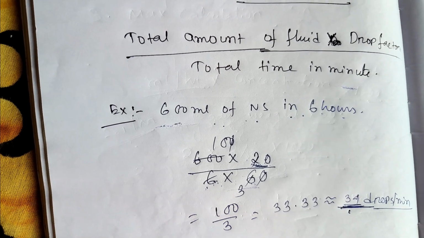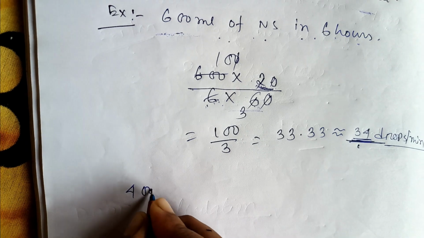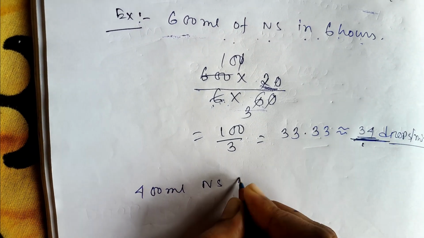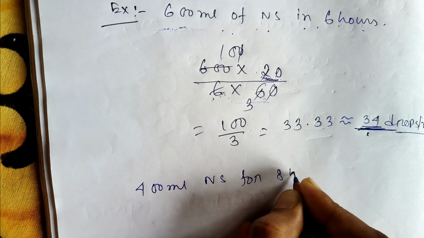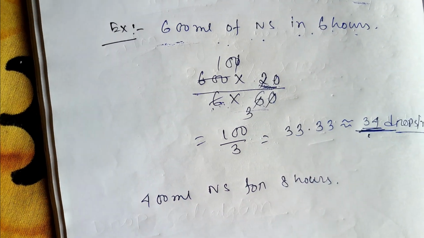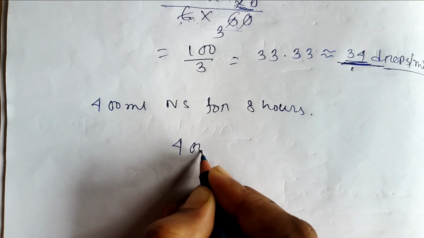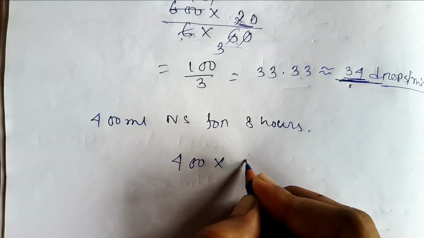In case of pediatric, like if 400 ml of NS is given for 8 hours, in that case the formula is the same. Total amount of fluid, 400 ml, into drop factor.